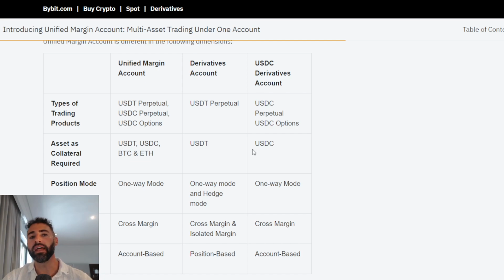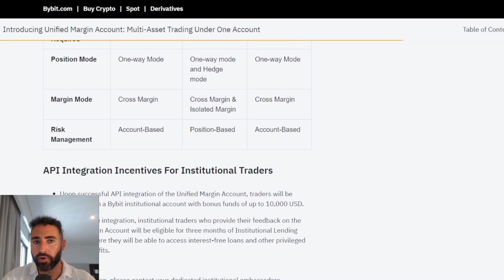Anyways, then the next major consideration that I know will come up is going to be the margin mode. The margin mode that is available for unified margin accounts is cross margin only. So what is cross margin? Cross margin uses all of the available collateral in your account, all of the available equity in your account as potential collateral to put on positions.